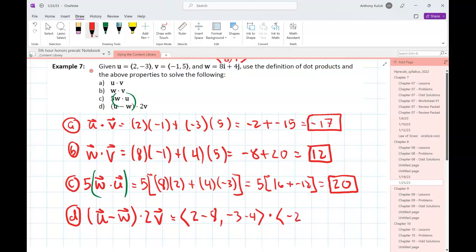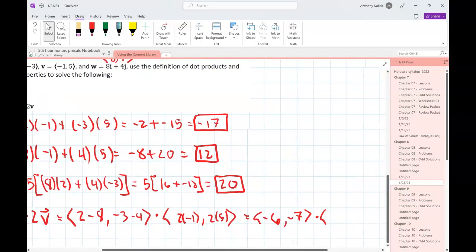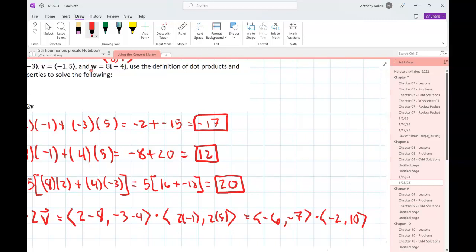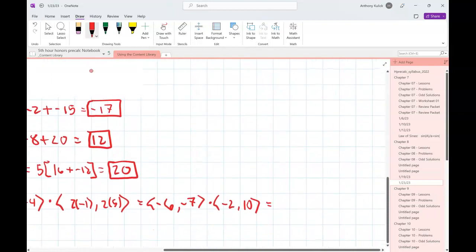And then I'll multiply the 2 into the v. Maybe I should write it that way. And now I'll just do my dot product.